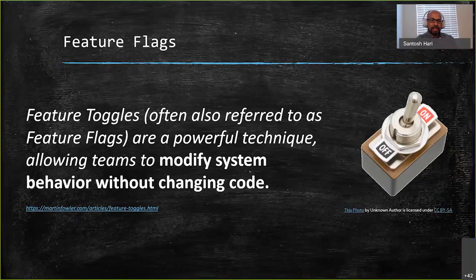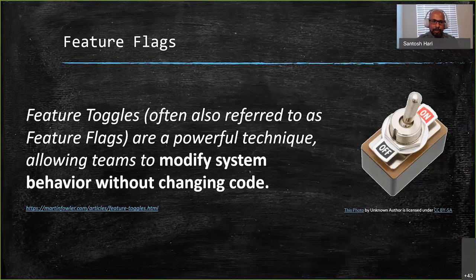What you're seeing on screen is a definition of something called feature toggles, which is also called feature flags. You have different names for these. This is the earliest definition I could find, and it is from Martin Fowler.